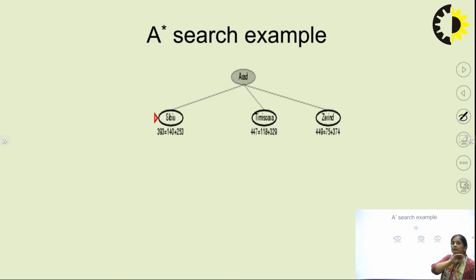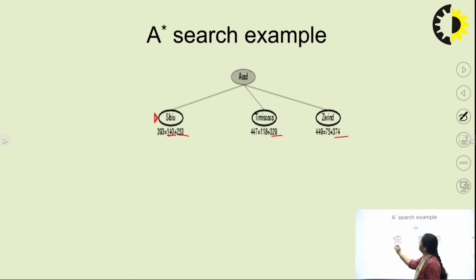Now see what we did in greedy best first. We took the h(n), meaning SLD, 253 from Sibiu, from Timisoara 329 and from Zerind 374. But in this we are taking the actual cost also. What is the actual cost paid from Arad to Sibiu? When I move from Arad to Sibiu by driving, I have to cover 140 kilometers. Having already covered 140 kilometers, what is my estimate further?